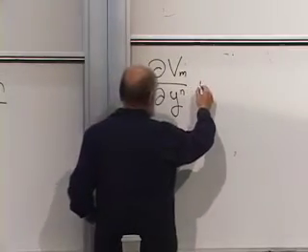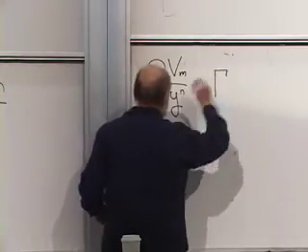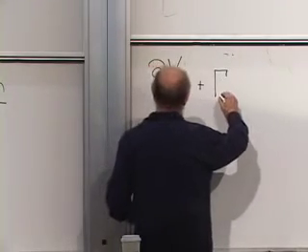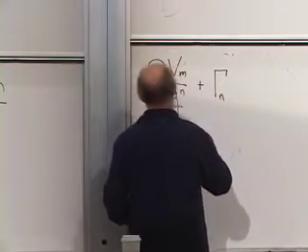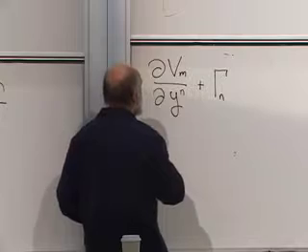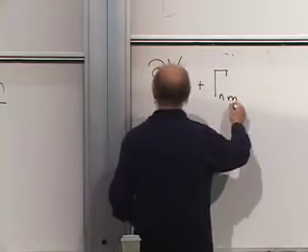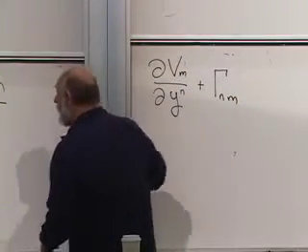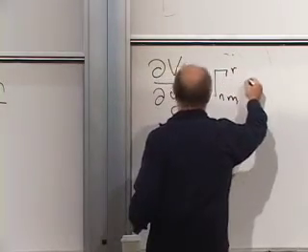And the thing we have to add to it is just this Γ^n_mr v^r.